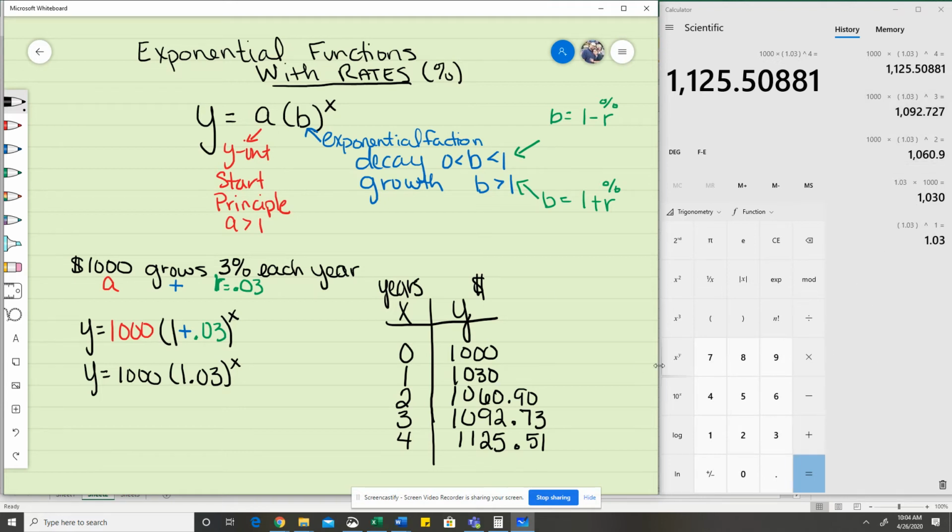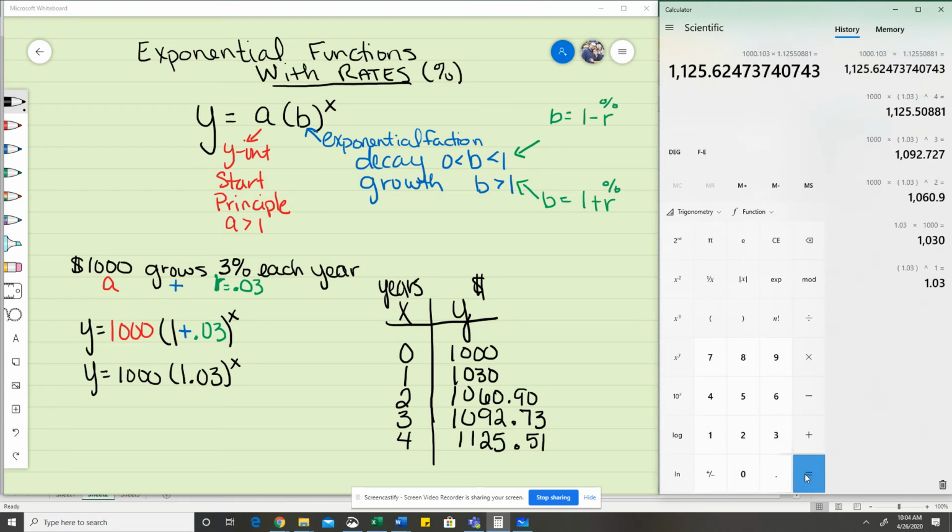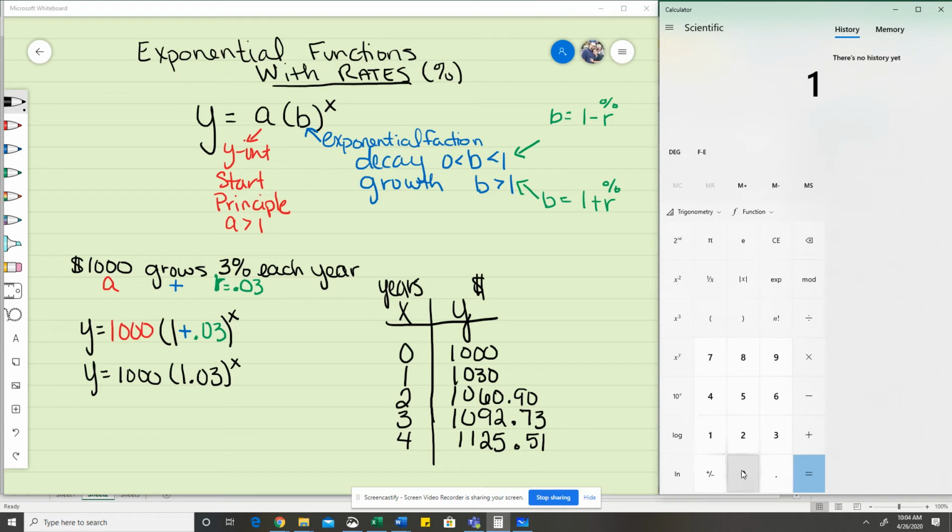Now you can do the same calculations just by doing 1,000 times 1.03, and that gives you that. Let me clear some things here. Okay, we could do 1,000 times 1.03, and we'll get our 1,030. Then we can multiply that again by 1.03, and that gives us the 1,060.90.